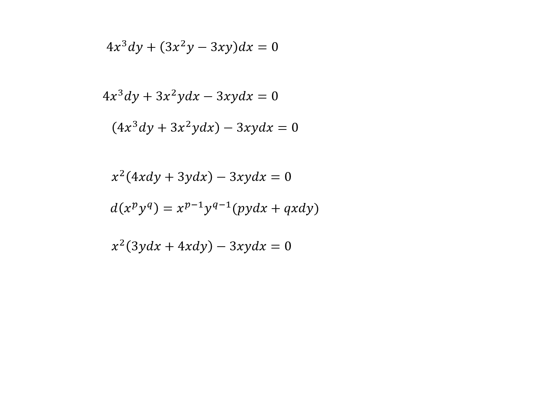So observe the derivative of x to the p, where we can consider p as 3, and then y to the 4, is equal to x to the p minus 1.